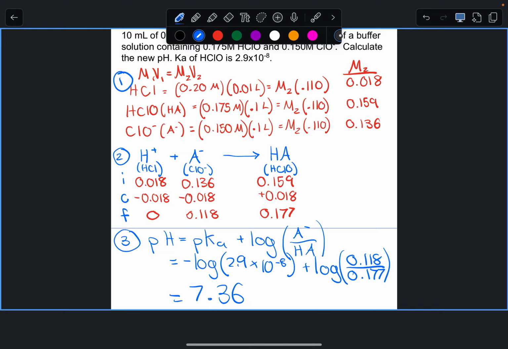I think the biggest thing is just practicing it. Like I said, we're going to use variations on this all week, but it would be good for you to practice them independently beforehand. So this is actually the extent of buffer questions themselves.